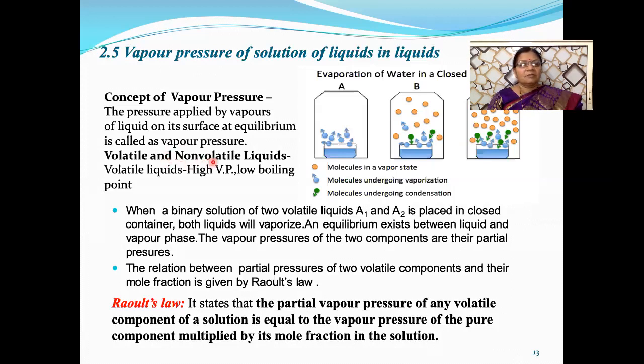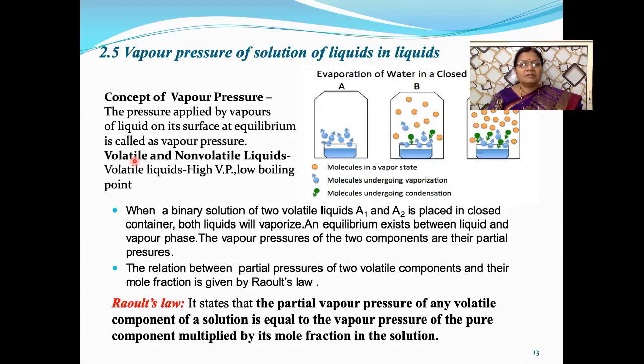Now, volatile and non-volatile liquids. To understand the meaning of volatile and non-volatile liquids, it is necessary to understand the remaining concepts in this chapter. You are familiar with the word volatile. What is a volatile liquid? A volatile liquid means a liquid which can easily vaporize under normal conditions.